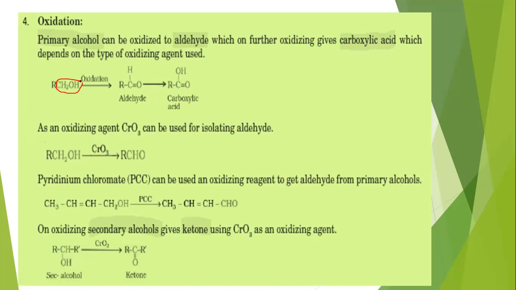The CH2OH, this primary alcoholic functional group, is oxidized to the CHO group, that is the aldehydic functional group, and this aldehyde on further oxidation gives this carboxylic acid group.